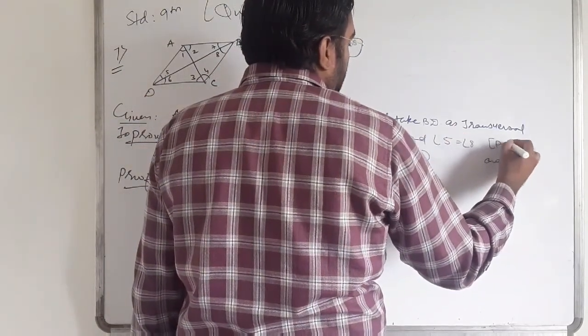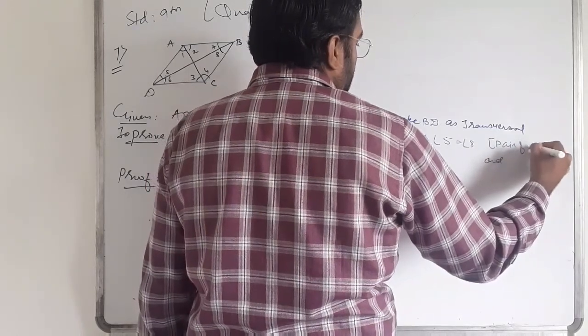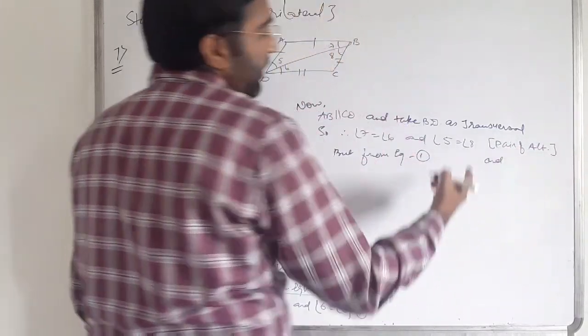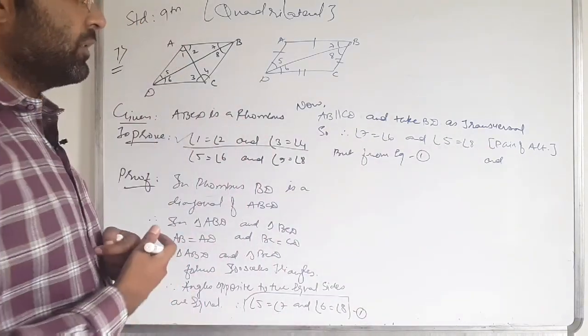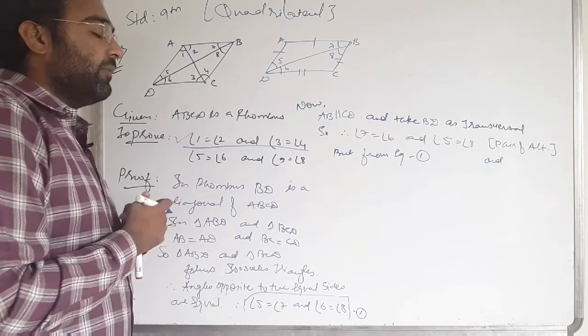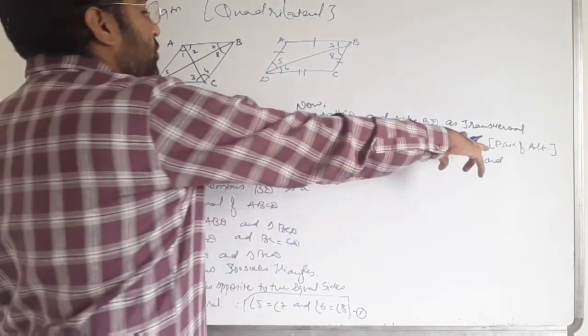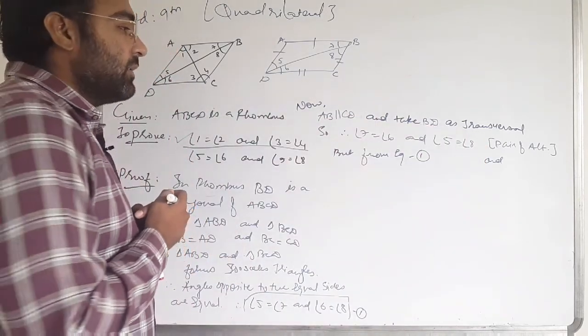That is the pair of alternate angles. So note down this in both of the questions. I forgot to write that in the first case. Okay. So you must write the pair of alternate angles.